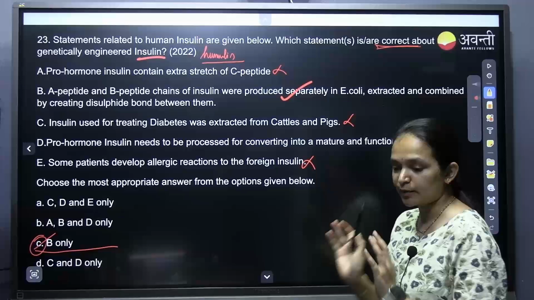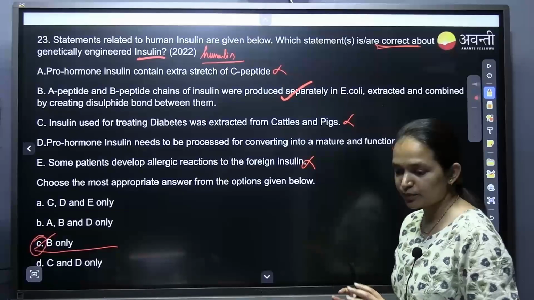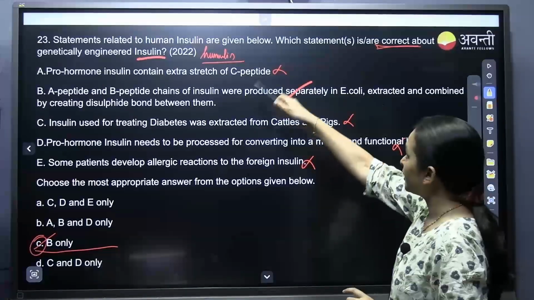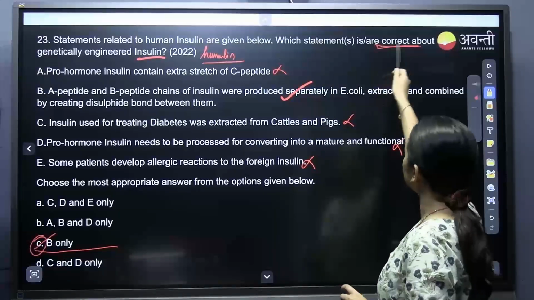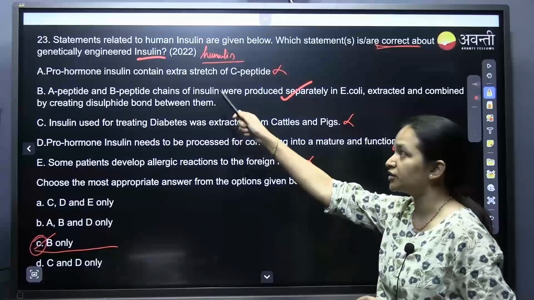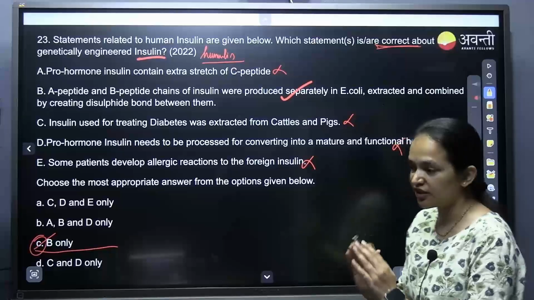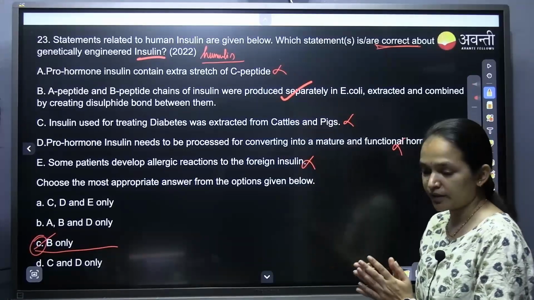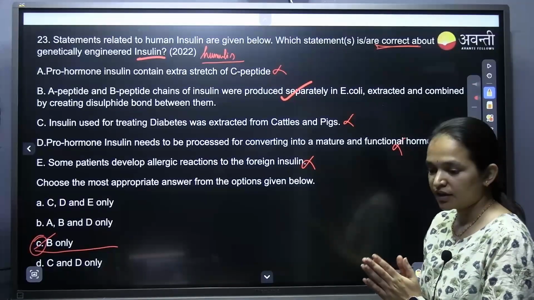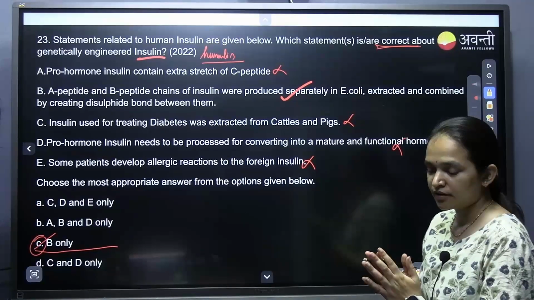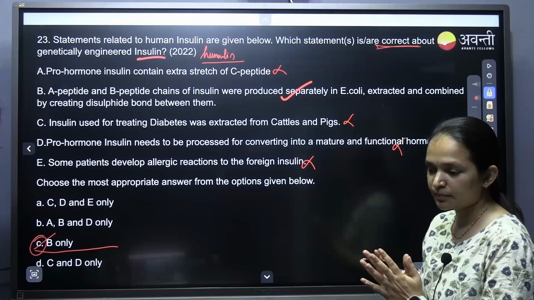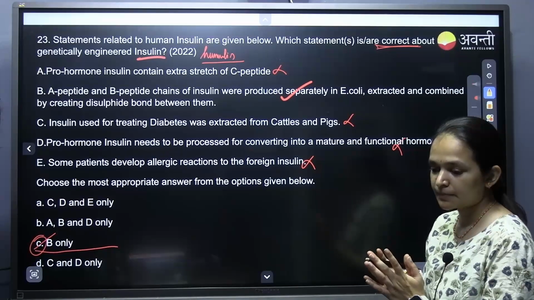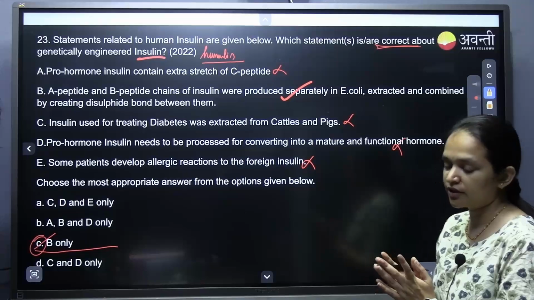All the statements are themselves true, but the question asked which statement is true about genetically engineered insulin. They have only asked about genetically engineered insulin, so which one of the 5 is true. Understanding? It's a really good question.